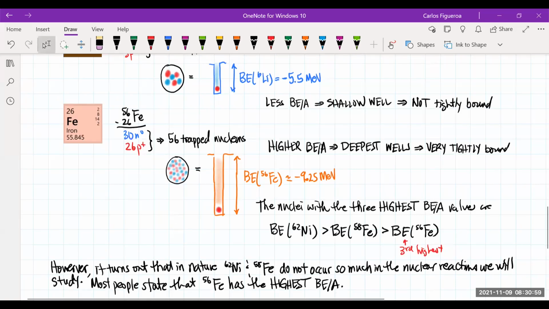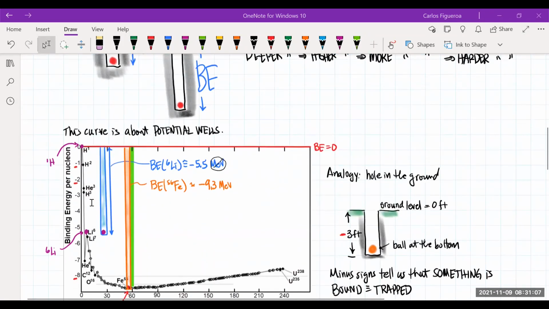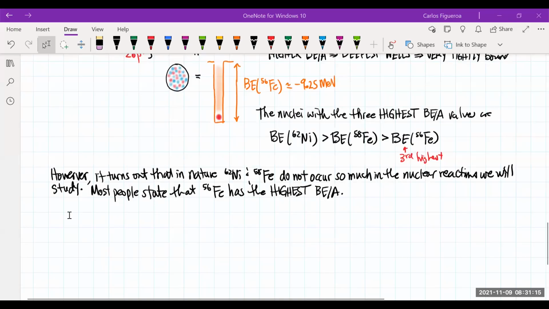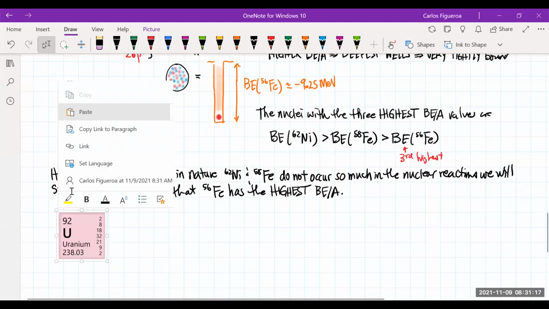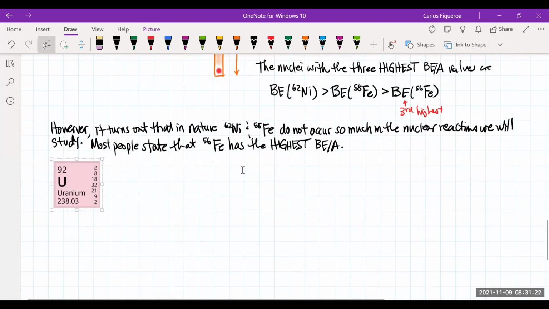Now we got to look at the next one. The key thing about lithium, right? Lithium is to the left. Iron is right in the middle. Now we're going to go after uranium. So here we go. So let's put in uranium. So here's uranium. What do I know about uranium?